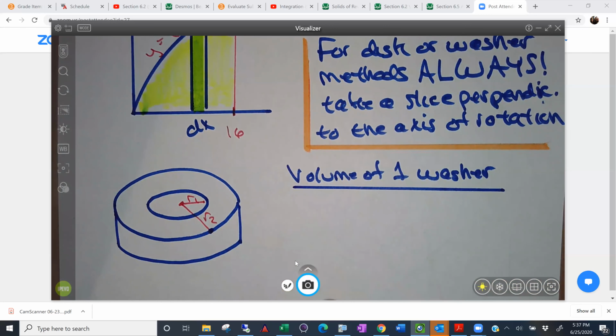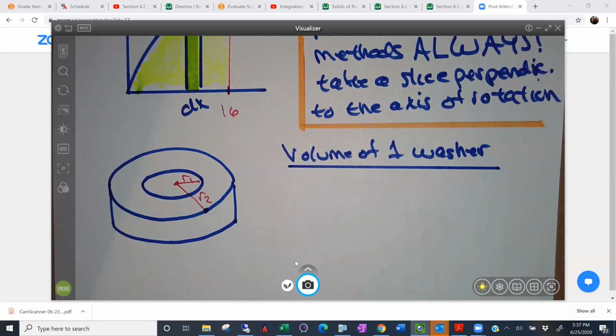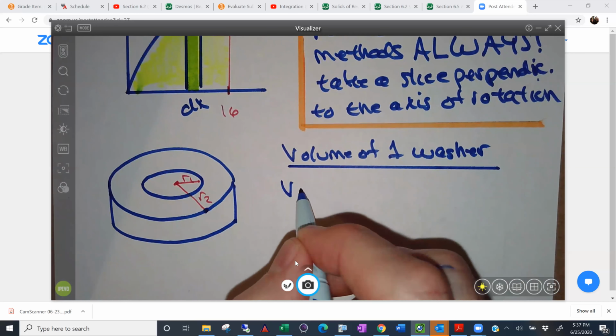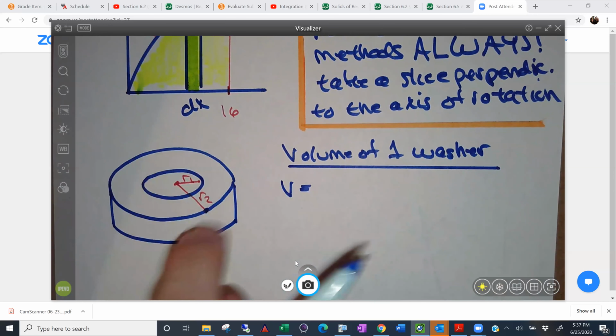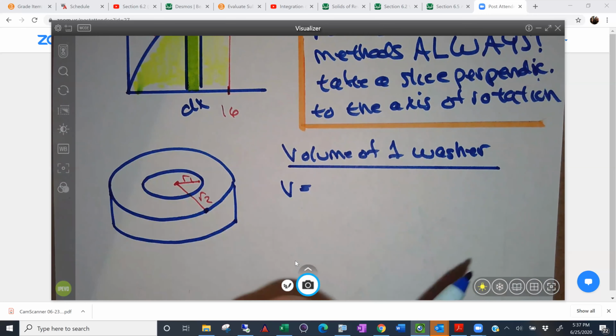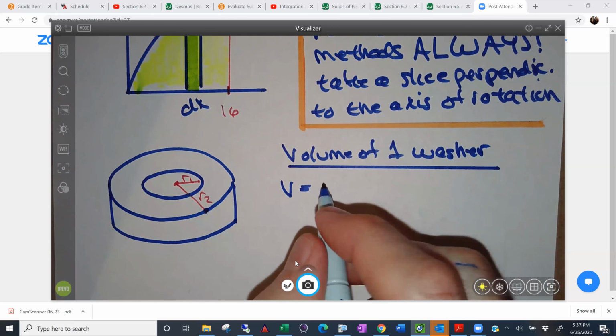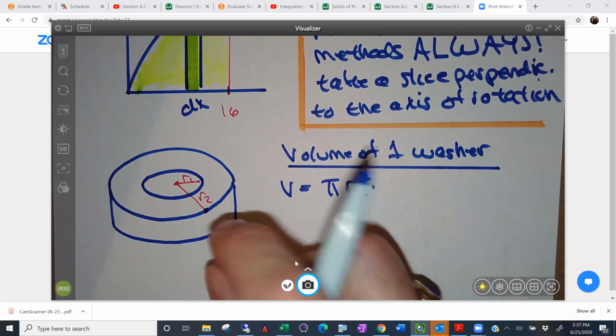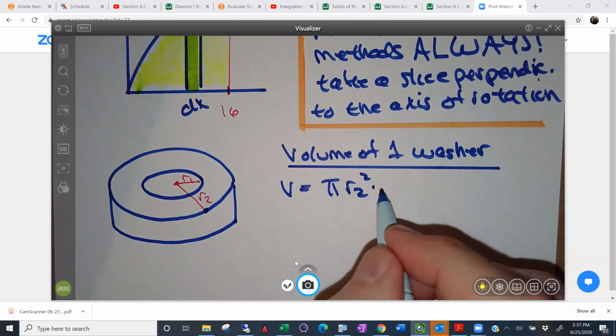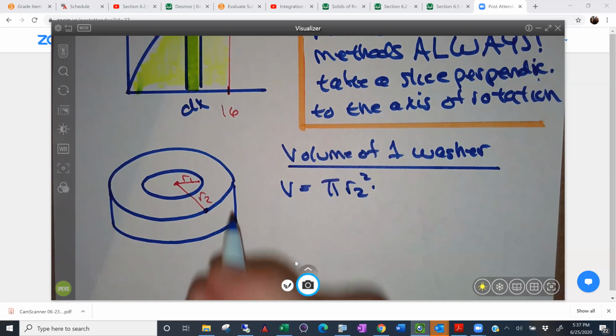I'll give you a shortcut to this in a minute. But it starts out as this. The volume is going to be the volume of the outer part of my washer. So it's going to be pi R2 squared times the thickness. So in our case, what do you think the thickness is going to be?